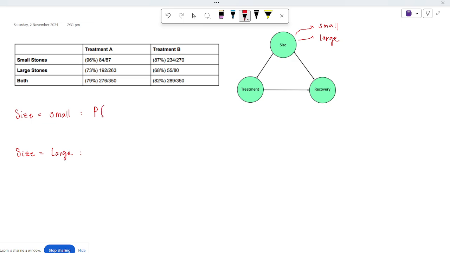The probability of our recovery, given that size is equal to, let's say I'm denoting small using the letter S right now, and then you're going to multiply that using the chain rule with the probability that the size is equal to small.